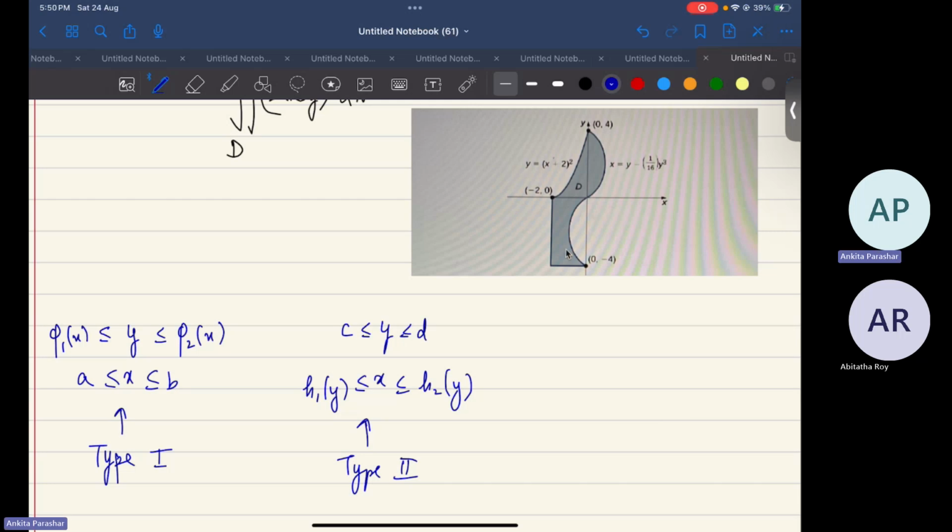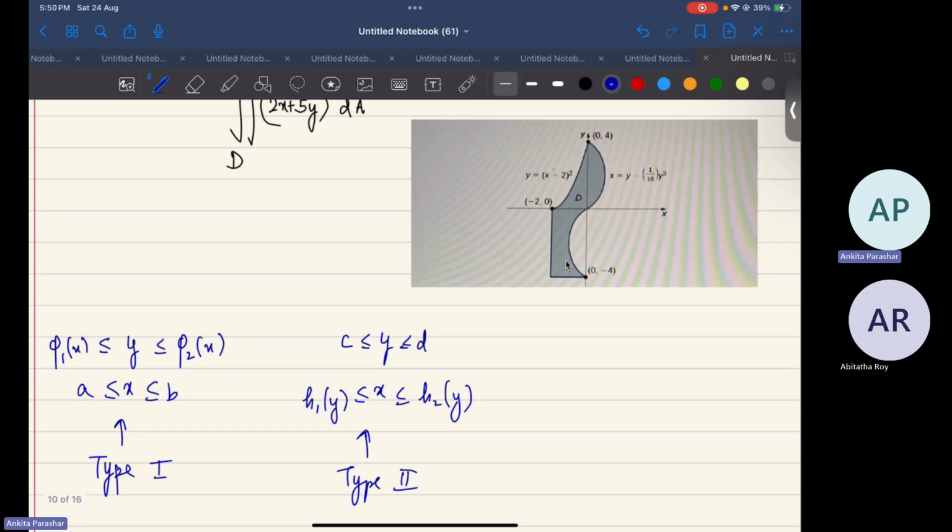You want to write y in terms of x. That means when you try drawing lines parallel to the y-axis, there should be exactly two curves which bound your domain. Let me just try to give you certain idea. Here, if I try to draw parallel lines to the y-axis, I start drawing from where the region starts.